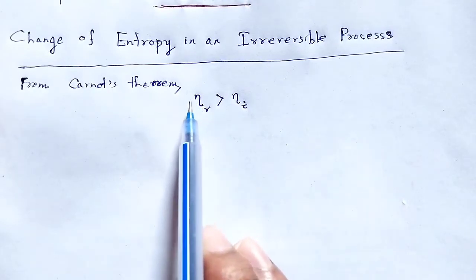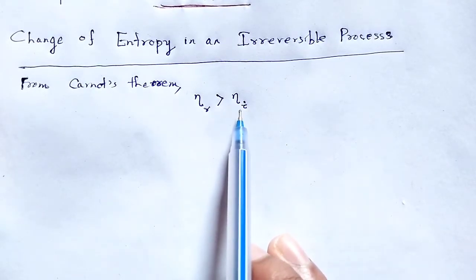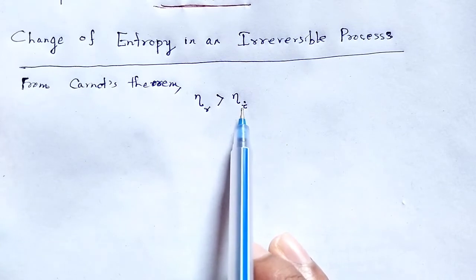Eta R is the efficiency of the reversible heat engine, eta I is the efficiency of the irreversible heat engine.